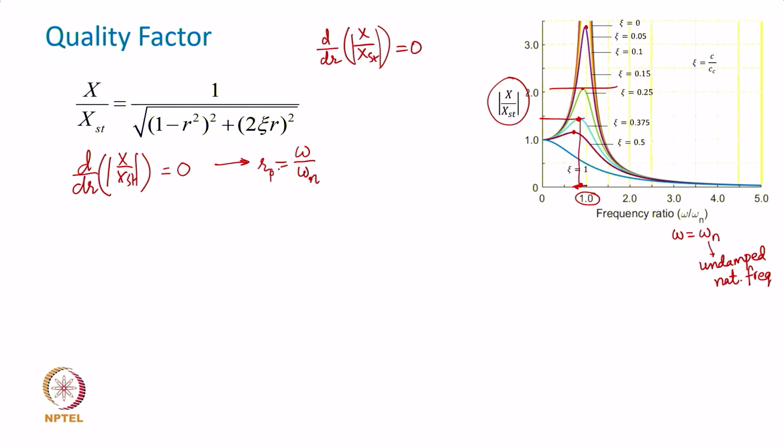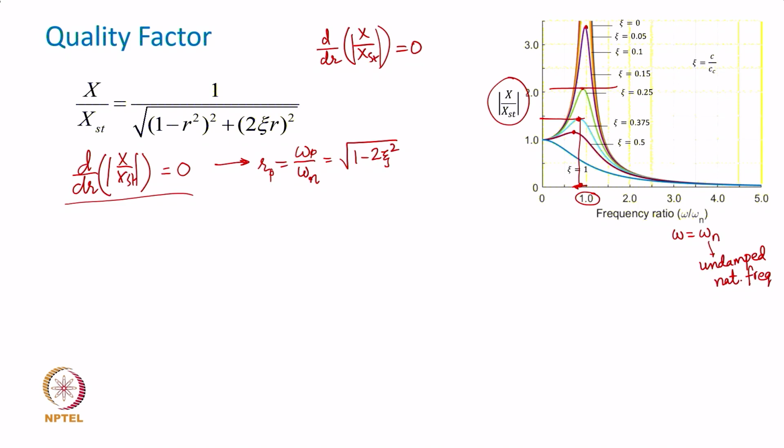So, I will call this rp and omega as omega p, because that is the frequency at which peak amplitude is going to be obtained for a given damping ratio, and it is found that this ratio is equal to square root of 1 minus 2 zeta square. Okay. You can do this mathematical exercise and verify it yourself.